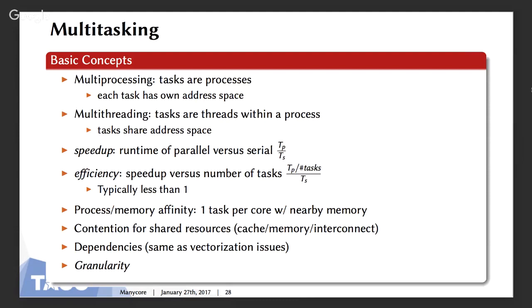So the alignment itself is not so bad anymore. It used to be really bad on the Knight's Corner processor, which is the one that came before Knight's Landing, because you have to do more loads when it's not aligned, right? That's bad. But it was actually much slower at doing the unaligned loads on top of it.